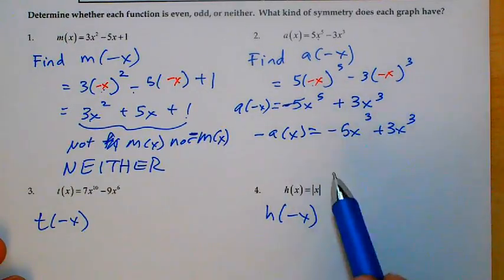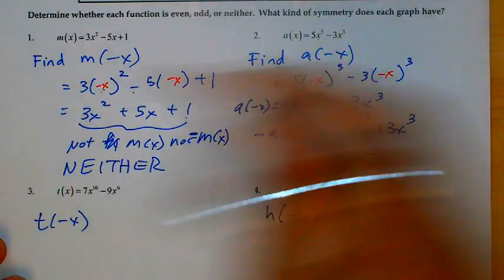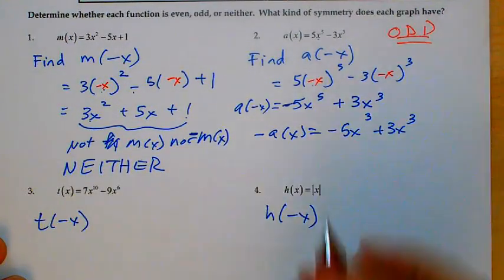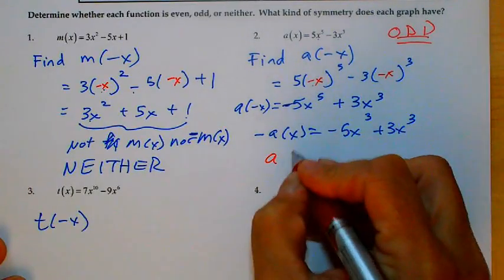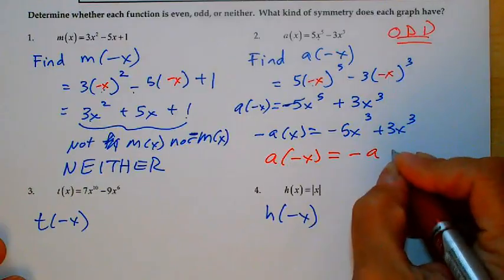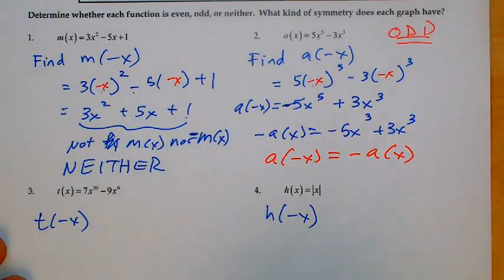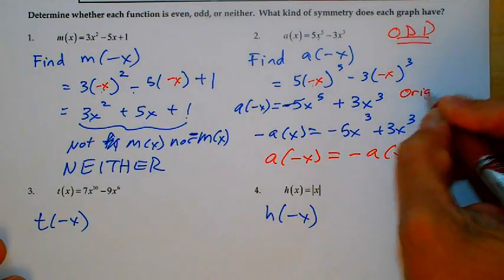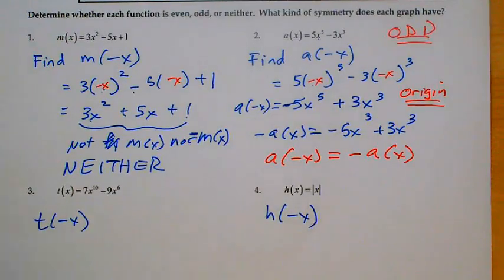So what we are looking at here is an odd function. It fits the definition. a of negative x is exactly equal to the negative of a of x. And this graph, if we were to draw it, would have symmetry with the origin.